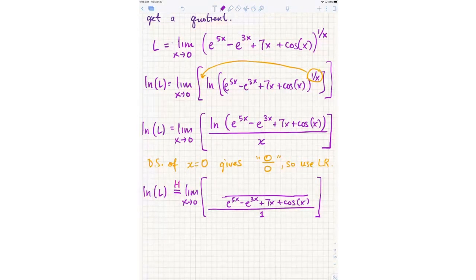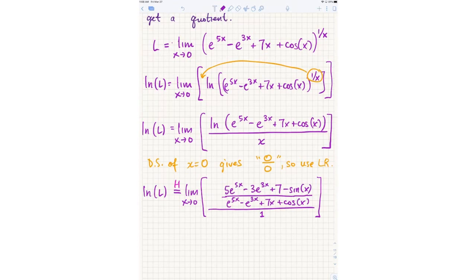And so when I multiply by the derivative of the inside, that just multiplies the numerator of that. So I can write here the derivative of the inside, which is e to the 5x minus 3 times e to the 3x plus 7 minus sine x. So that is the derivative of that whole entire fraction.